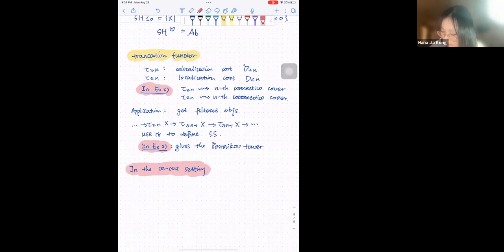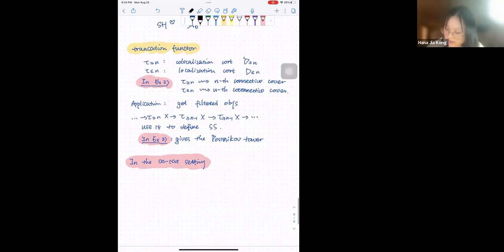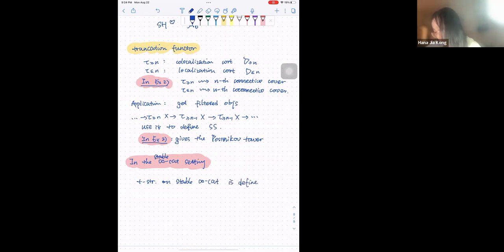The t-structure is defined for triangulated categories, and you can also define it for a stable infinity category. A t-structure on a stable infinity category is defined by passing to the homotopy category, because the homotopy category of a stable infinity category is triangulated.